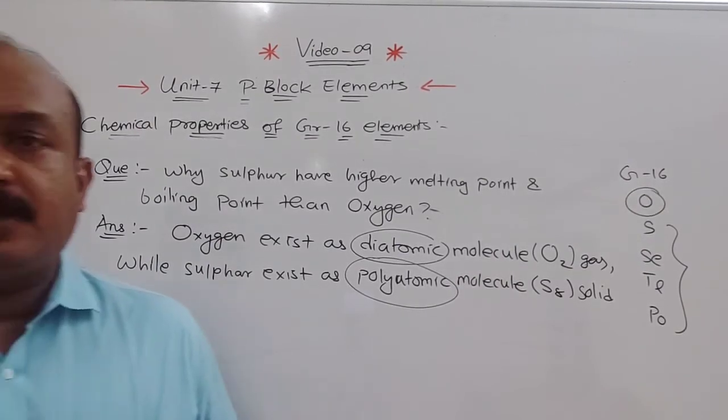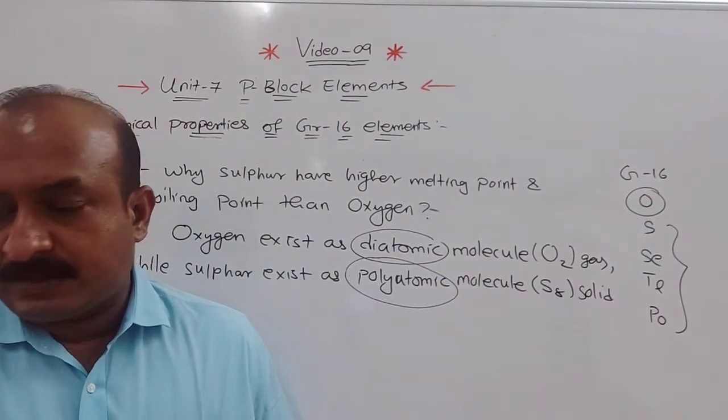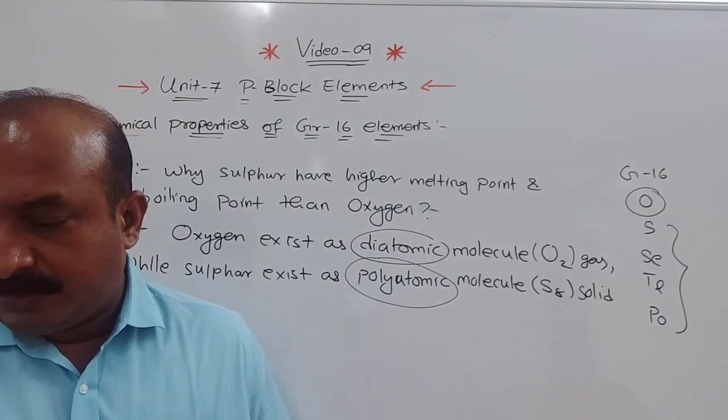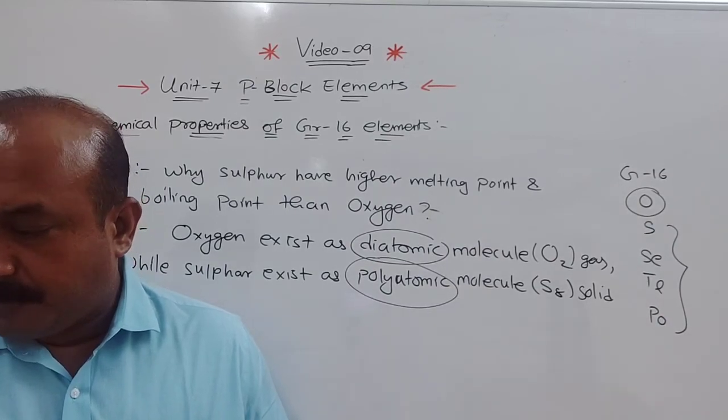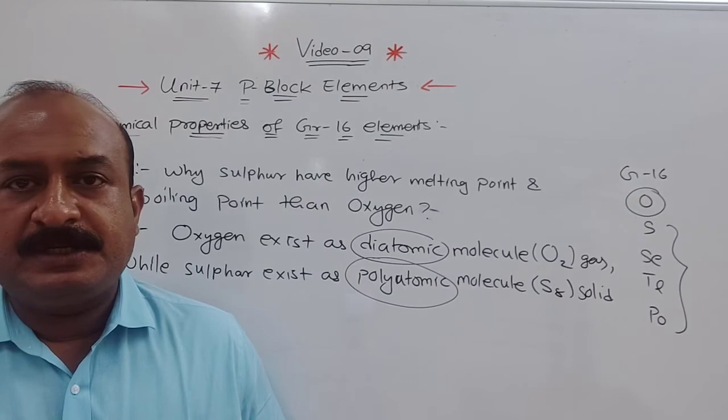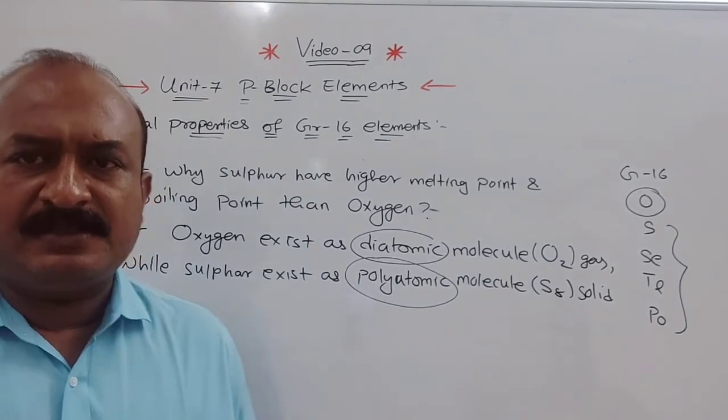Now we are going to discuss other chemical properties, that is reactivity with hydrogen, reactivity with oxygen, reactivity towards halogen. These are the topics we will discuss in this video.